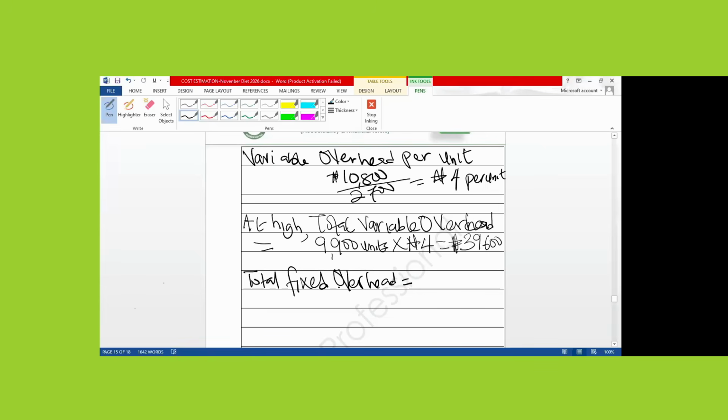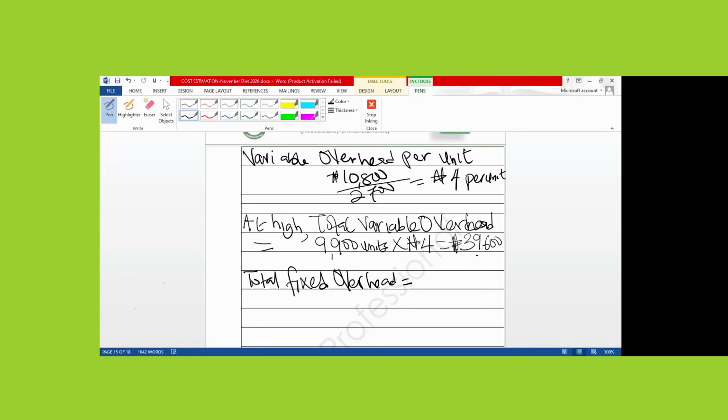Let's go on. You have calculated your total variable overhead at high level, 39,600. If you look at the high level, total overhead is 60,600.